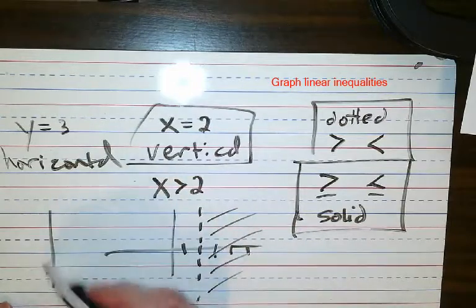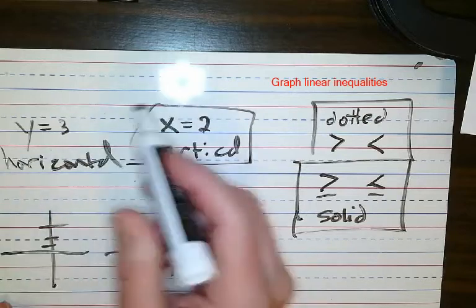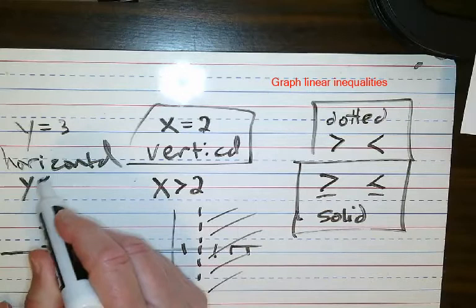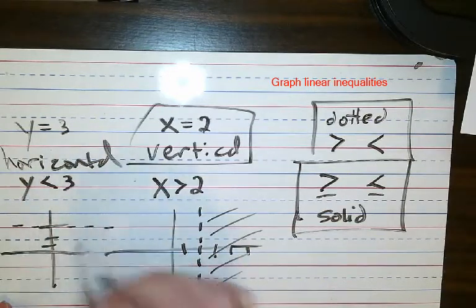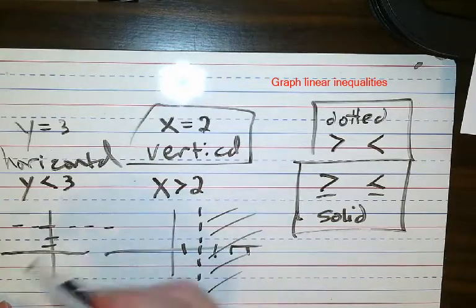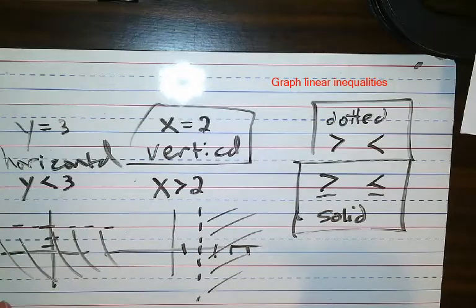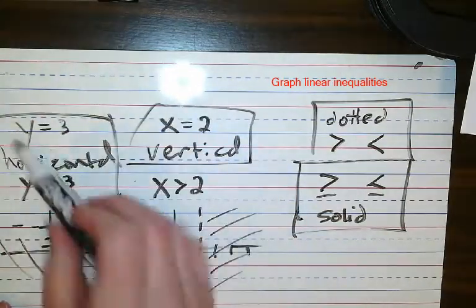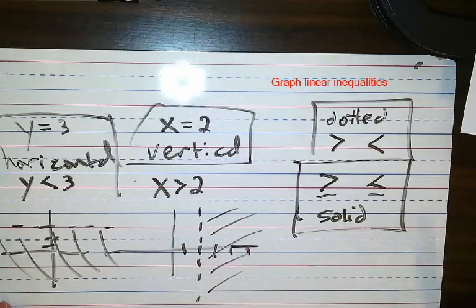So if I had my axis here, 1, 2, 3, and I was doing y is less than 3, I'd have to have a dotted line, less than 3, and then everything down here would be shaded. Make sense? Right. So if it's y by itself, it's a horizontal line. If it's x by itself, it's a vertical line.